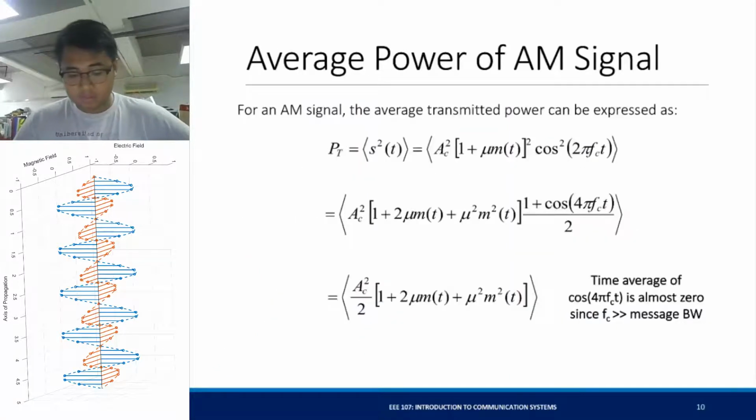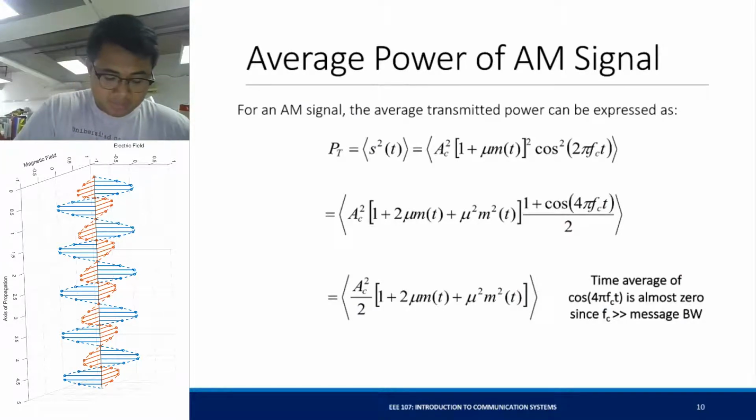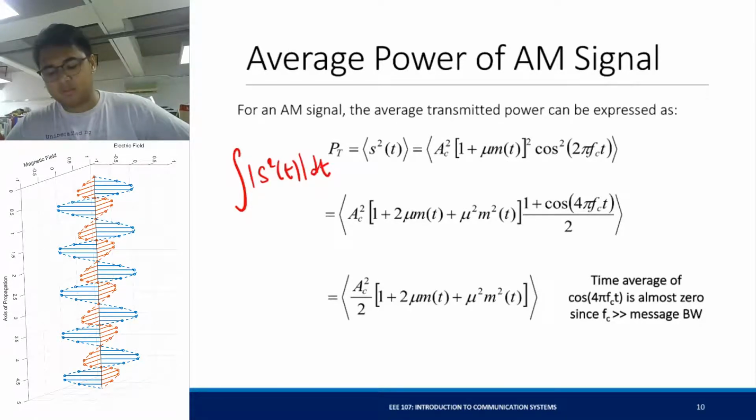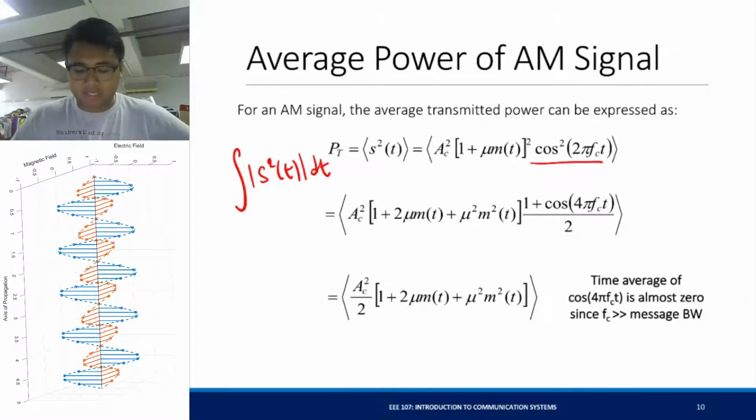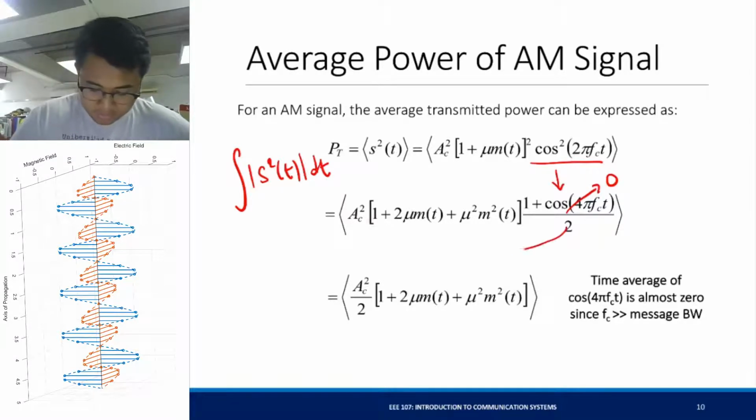Okay. So to solve for the average power, we just integrate the mean square of the signal. Okay. So we can actually try to analyze that using the half angle property of your cosine. This cosine squared will become 1 plus cosine 4 pi fct over 2. Okay. And if we're trying to get the average power, any cosine term will become 0. So this 1/2 will be translated here.